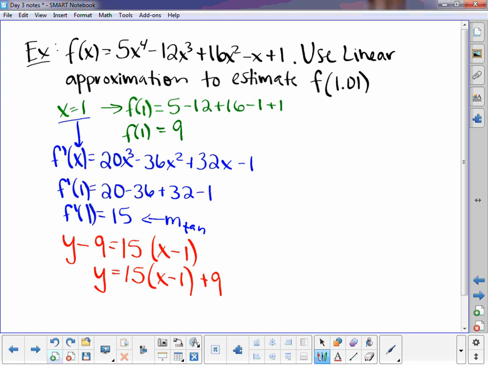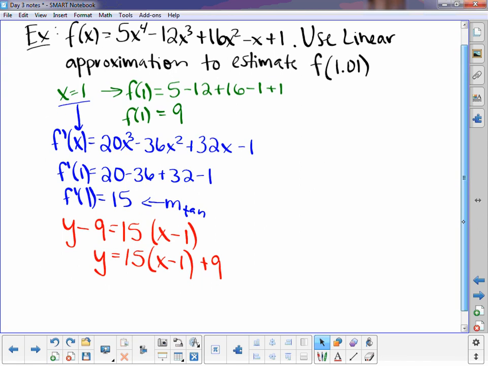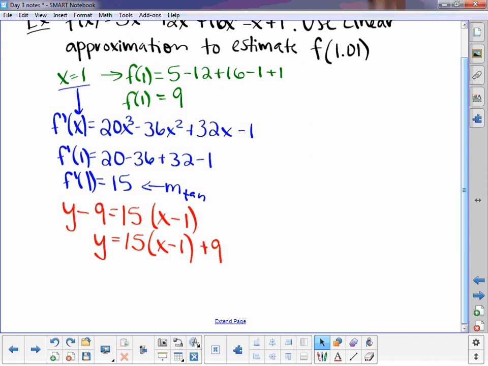Alright, now the only thing that is going to be different here. So this is my equation of the tangent line. And you'll see this if you look at textbooks or videos online. They'll use the notation L of x equals what we just found.